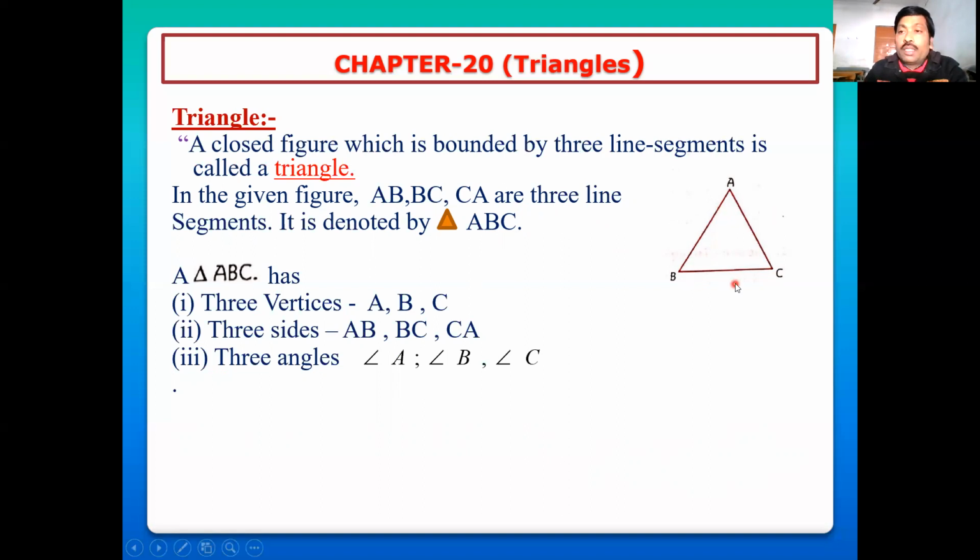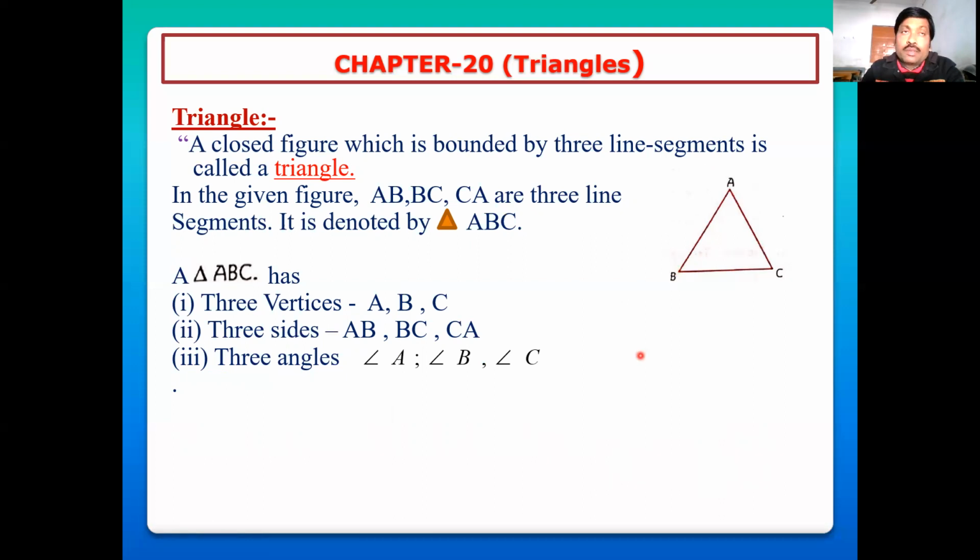And these 3 points are called non-collinear points. A triangle is formed only from non-collinear points. Here we see A, B, C are non-collinear points. A triangle has 9 elements: 3 vertices, 3 sides, and 3 angles. 3 vertices, A, B, and C. You know what vertices are?